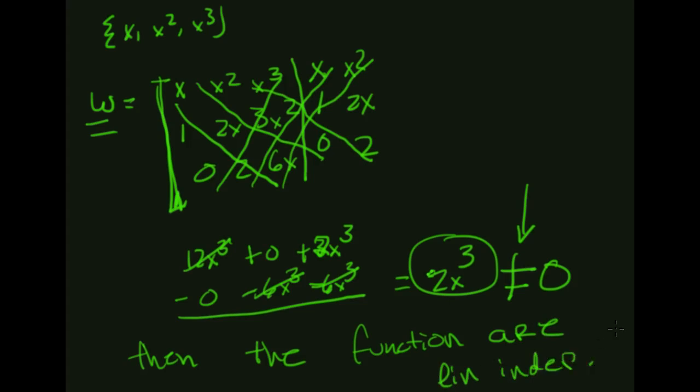Okay, so x, x squared, and x cubed are obviously linearly independent. When you take the Wronskian and you don't get something that's identically equal to 0, we know that these are linearly independent. This is an application of the derivative to be able to talk about a set of functions.